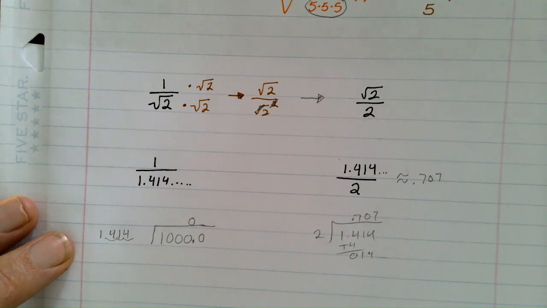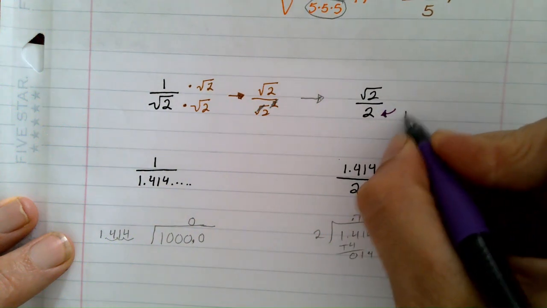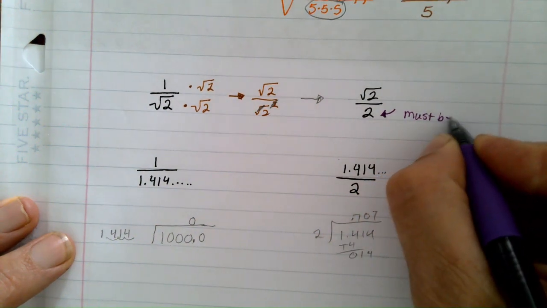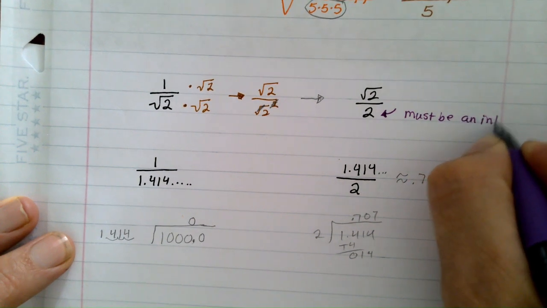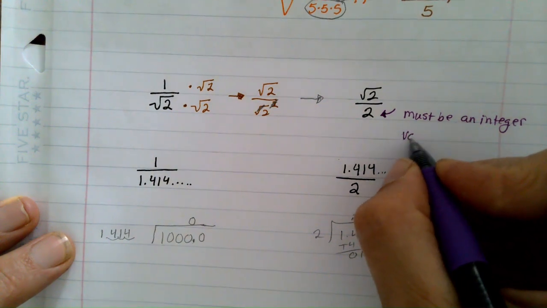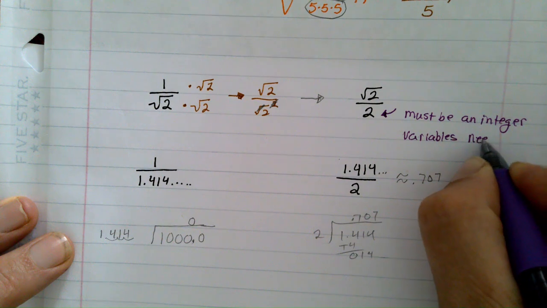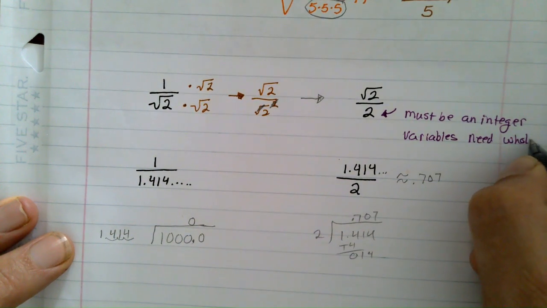So for this reason, your denominator must be an integer. Your variables need whole number exponents.